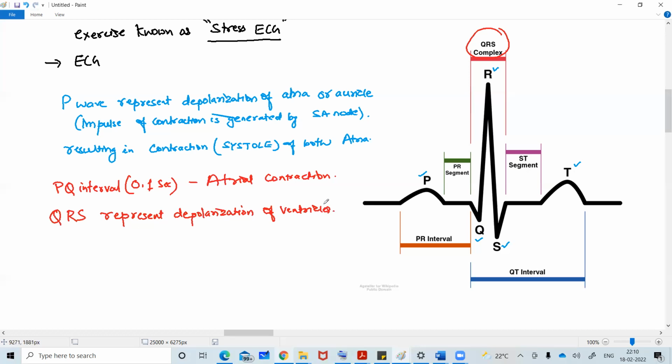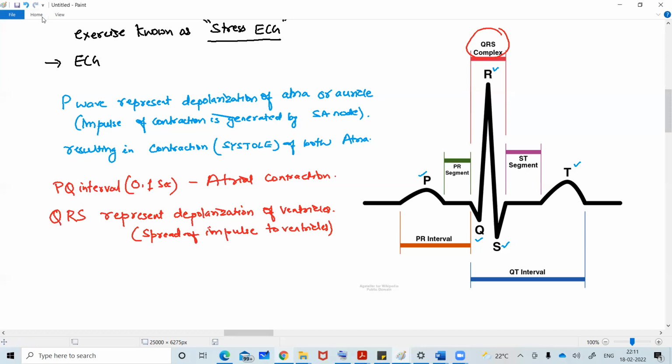The lower part is going to contract, right? That means spread of impulse to the lower part. The impulse has been generated to the lower part. Spread of impulse to the ventricles. So during QRS, this is happening.